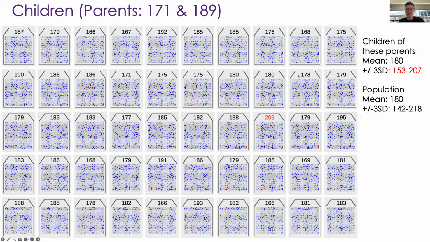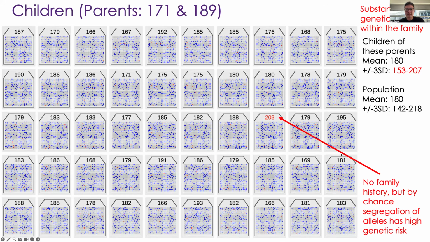The mean value of these children is 180, the same as the population mean, because the parents are healthy individuals. However, there is substantial genetic variation within the family. And actually, it can be shown that the within-family genetic variance is as large as half of the genetic variance of the entire population.